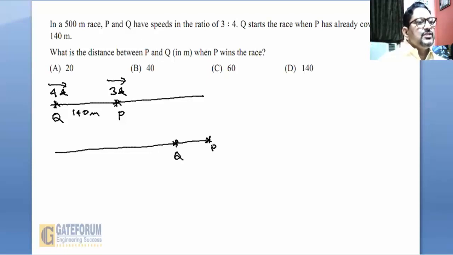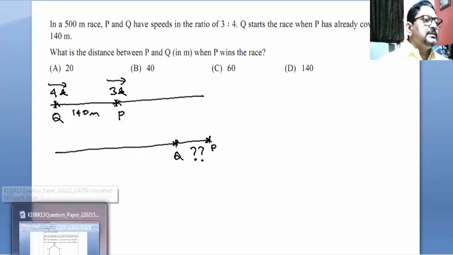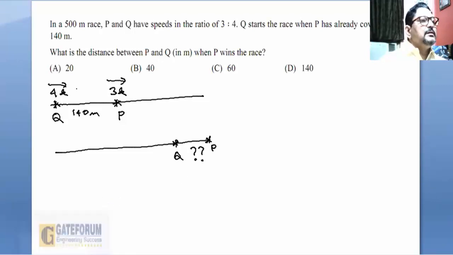So this is the finishing part. They have asked us what is this distance. So how do we find it out? Very simple. The total race is 500 meters. So when Q started, the distance P had left to cover was 500 minus 140, that would be 360 meters.